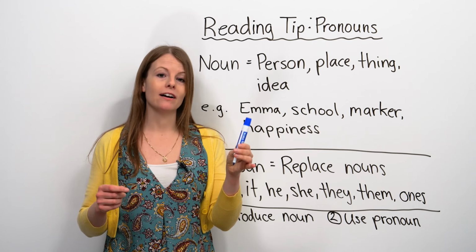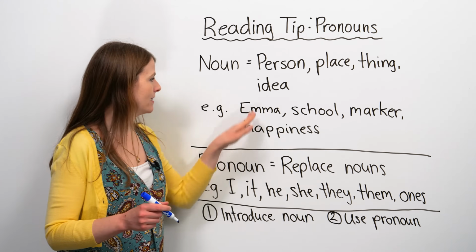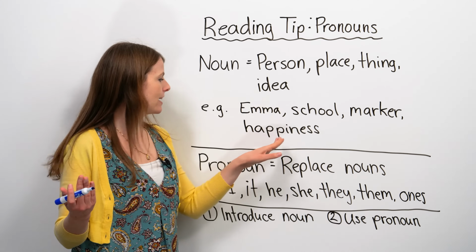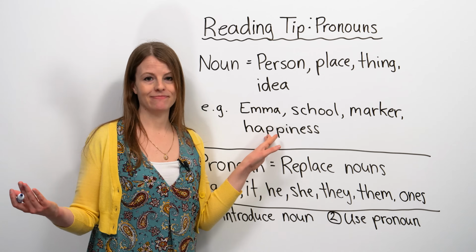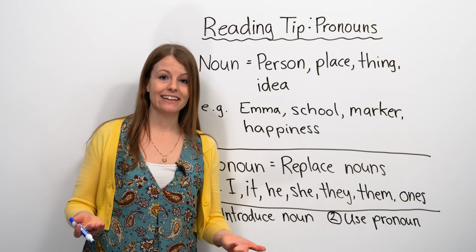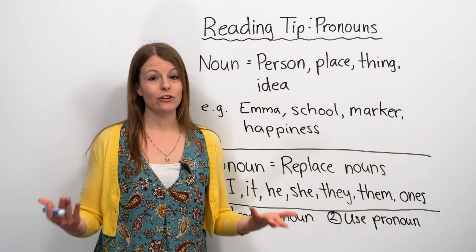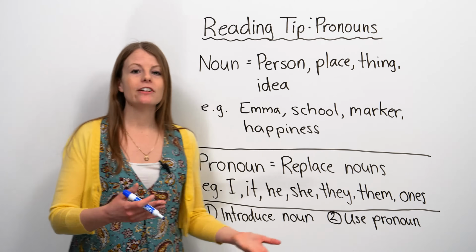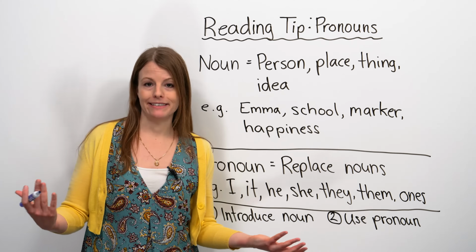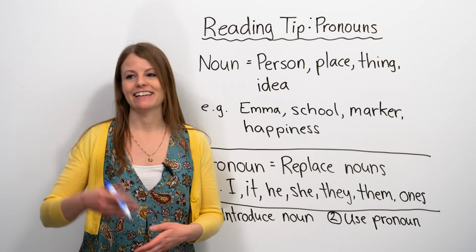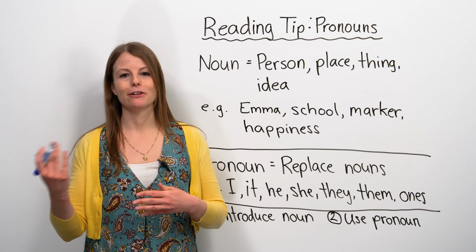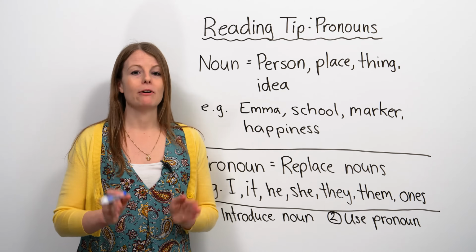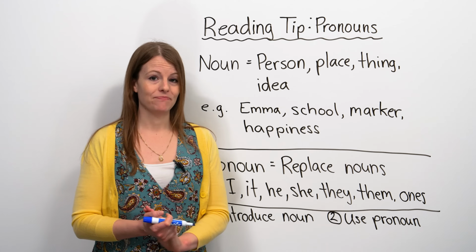The word marker is a noun. And then for idea, happiness. Happiness is an idea. The word is also a noun. So nouns are different than words that describe things, which are called adjectives, like nice or intelligent or popular. So today we're going to talk about nouns and pronouns.